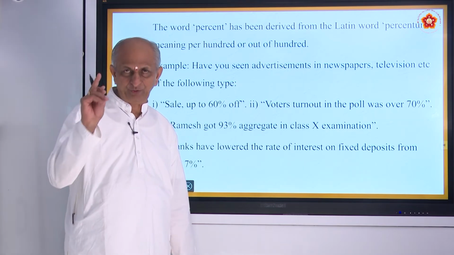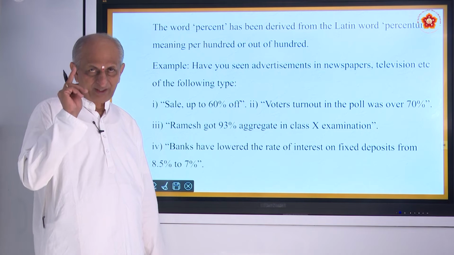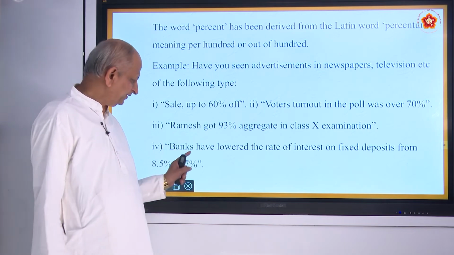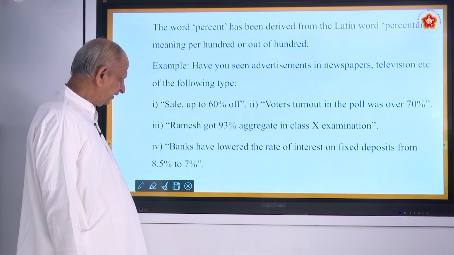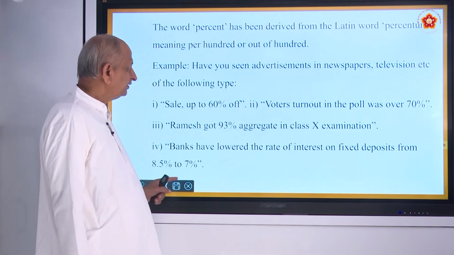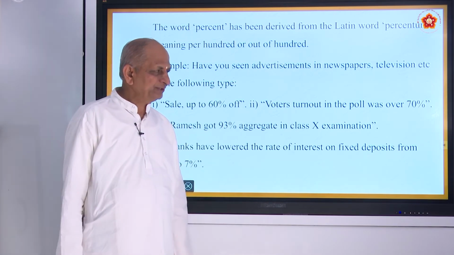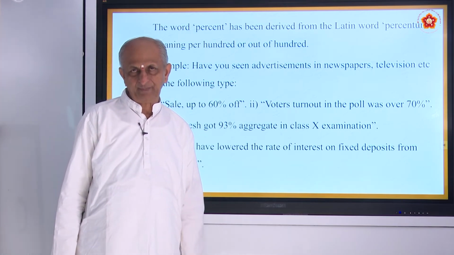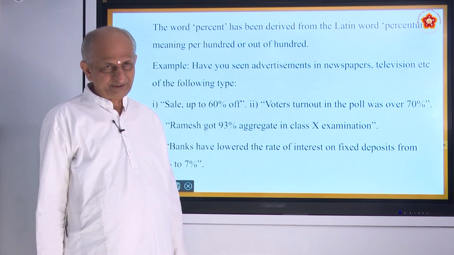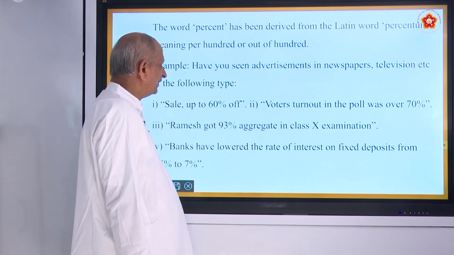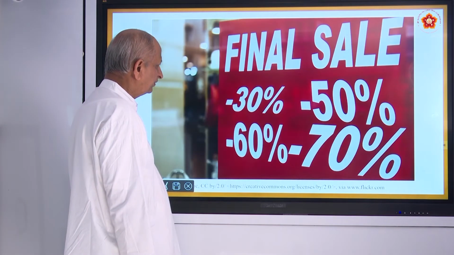Means for 100 rupees for 1 year, the interest is 7. That is the meaning. Okay. So like that, we use the word percentage in different branches of study. Like that you can also give many examples where the word percent is used.